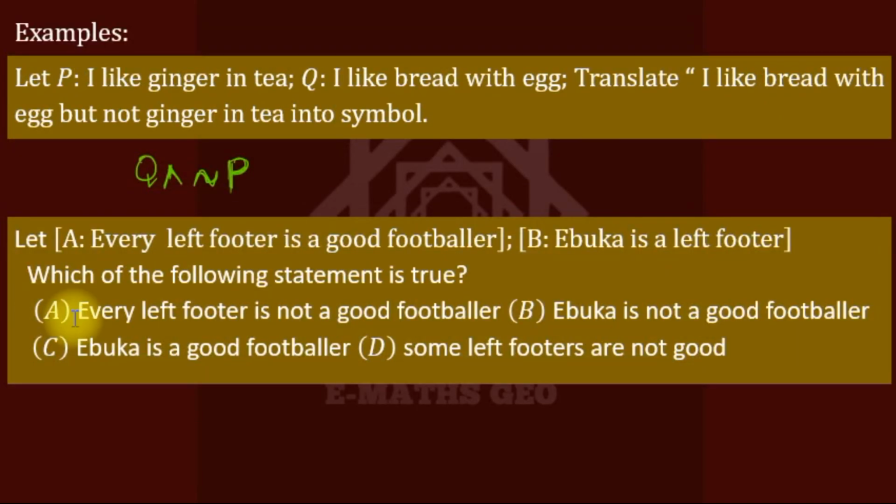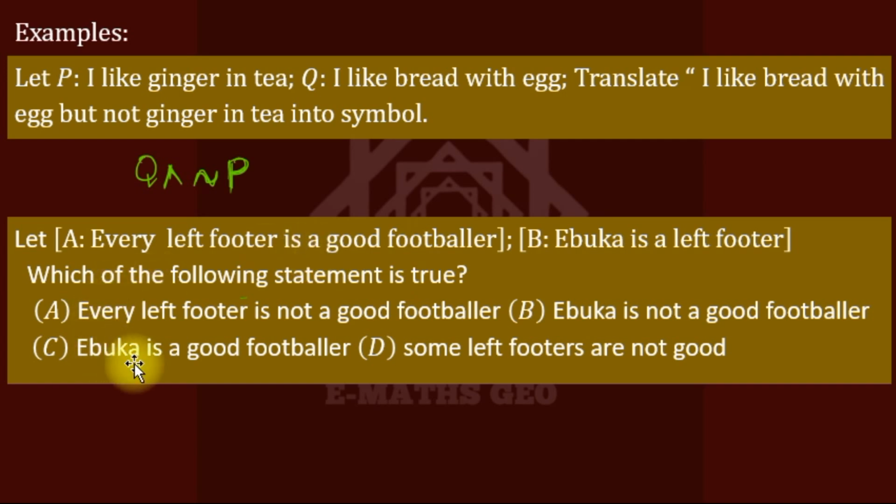For the second one, they say let A be: every left footer is a good footballer. Let B be: Ebuka is a left footer. They now ask which of the following statements is true. They said every left footer is not a good footballer. Not is wrong, because we want to relate the first statement and the second one. They say Ebuka is not a good footballer.